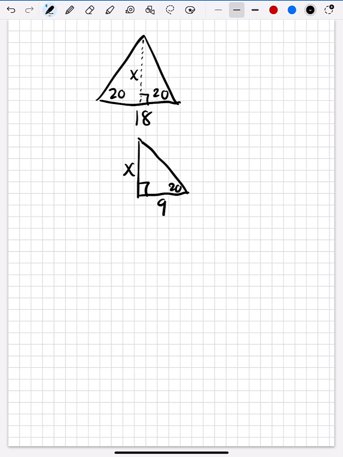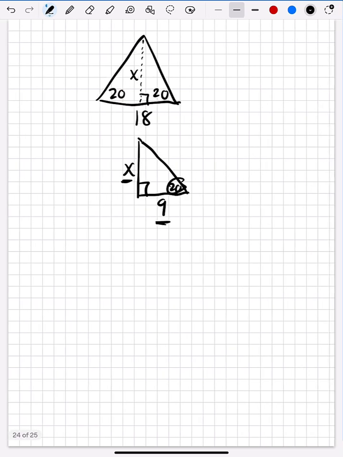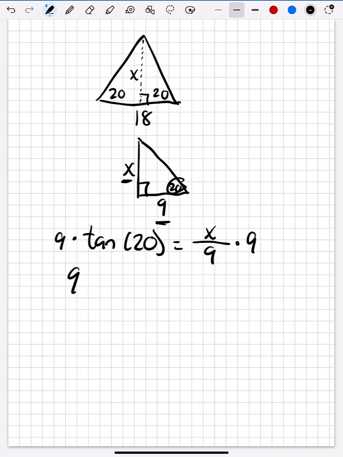Now my relation to this angle 20 is my opposite side over my adjacent side. So I go back to my trig identities, and the tangent of theta corresponds to opposite over adjacent. So the tangent of 20 degrees is equal to my opposite side over my adjacent side. Do the algebra: 9 times the tangent of 20 is equal to x.